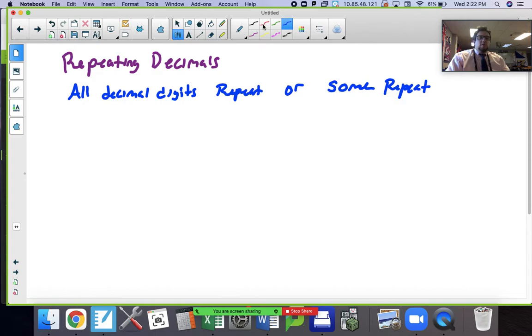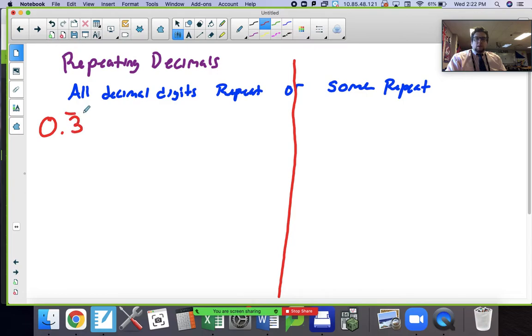And we have to approach them slightly differently. So for now, we're just going to worry about all of the decimals repeating. For instance, this would be 0.3 repeating. Notice that every single decimal digit has been repeated.